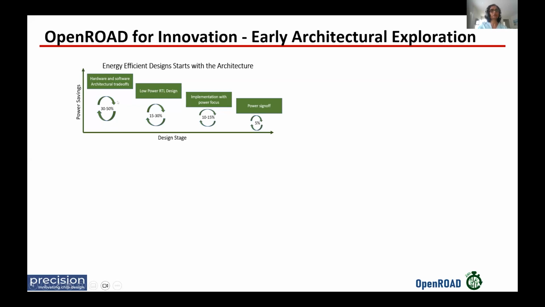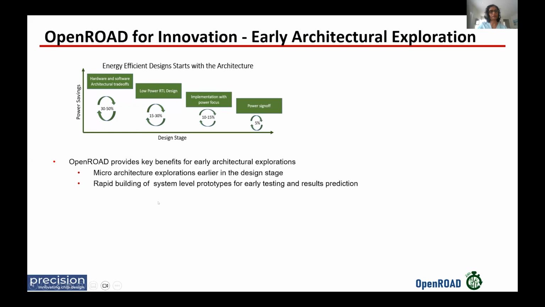The ability to do that without being blocked by access to licenses, or the number of licenses you can run, or the way you distribute your processes across the cloud or your servers, in an unhindered manner, is what is needed for systems architects and RTL designers to innovate. And that's what OpenROAD does.